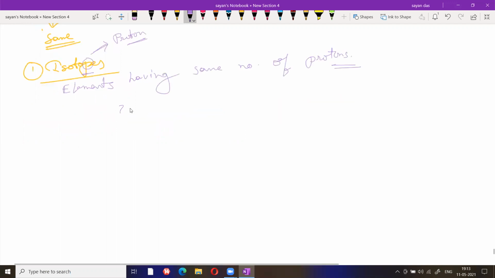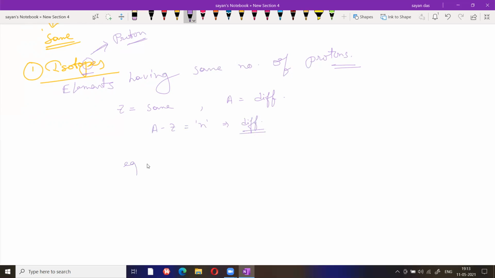Here proton number means atomic number, which is the same. The mass number is different. If the mass number is different, then A minus Z, which is nothing but the neutron number, is also different.